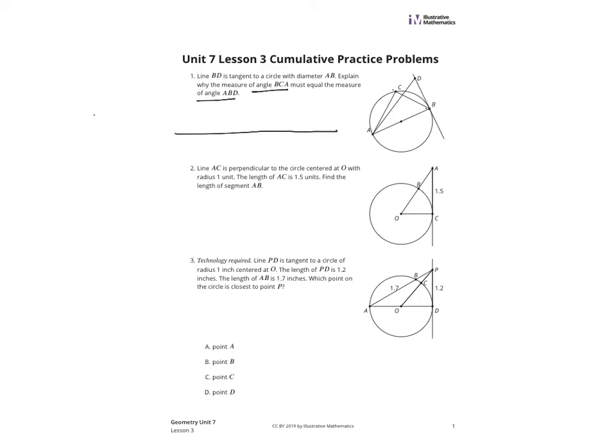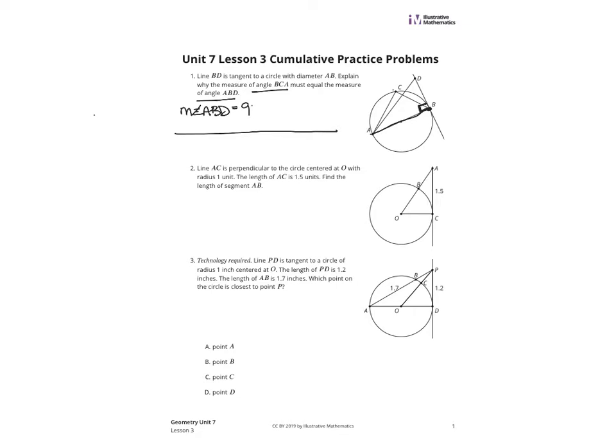So first of all, let's look at the angle ABD. So the measure of angle ABD is equal to what? So let's take a look at this. AB is my diameter, and it meets my line tangent BD at B. So we've learned in this lesson that my line tangent is perpendicular to the radius, or in this case, the diameter at the point of tangency.